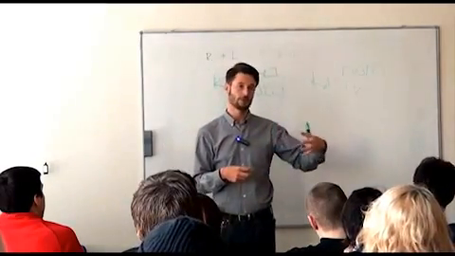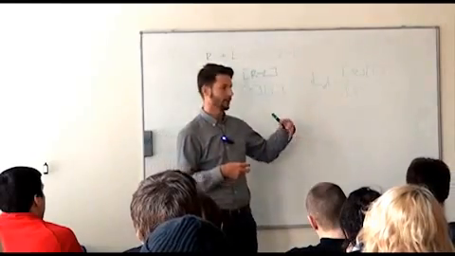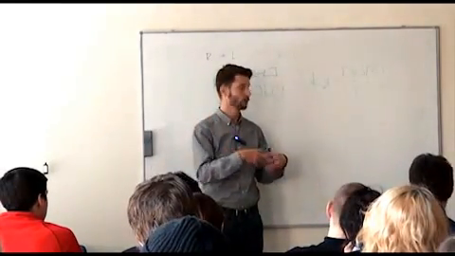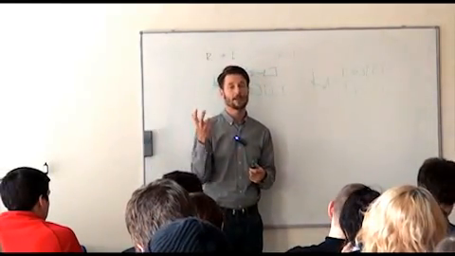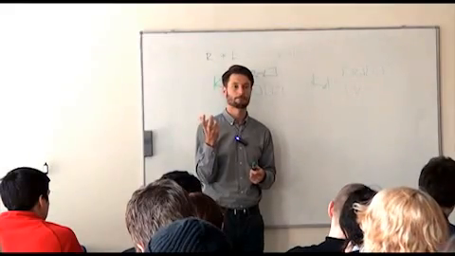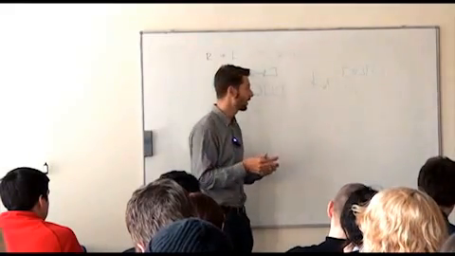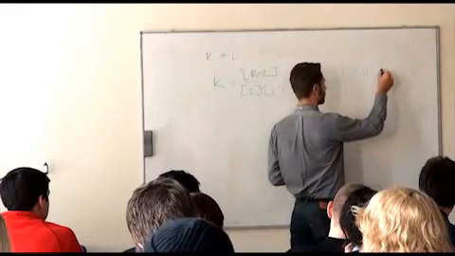So what do you do if you want to find out the affinity of a specific ligand to those receptors? You start with the radioactively labeled ligand. Okay? So the ligand we're interested in, you label it radioactively.